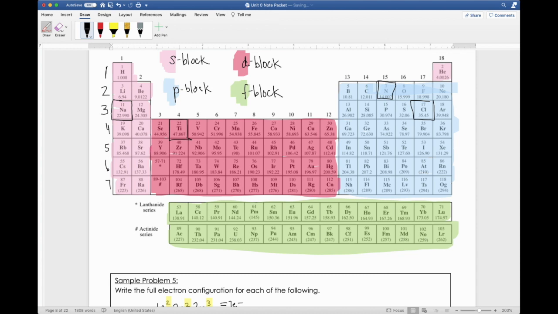These electrons drop down and go into the 3d sublevel. In the row below that, guess what that means? These guys go into the 4d, these go into 5d, and these go into 6d.